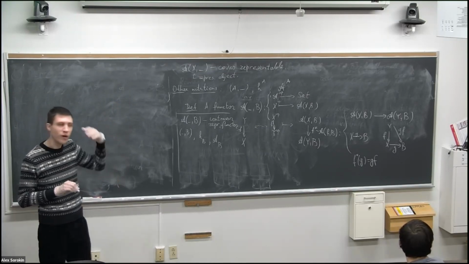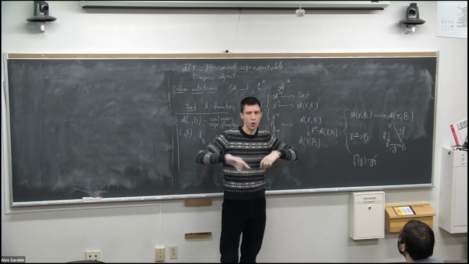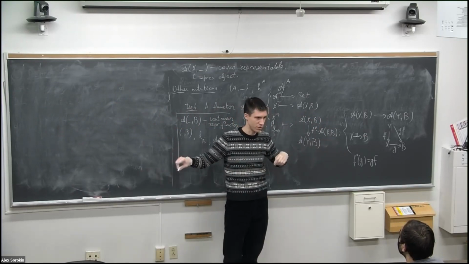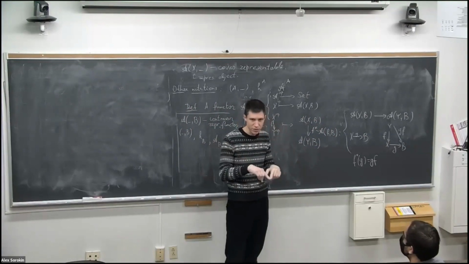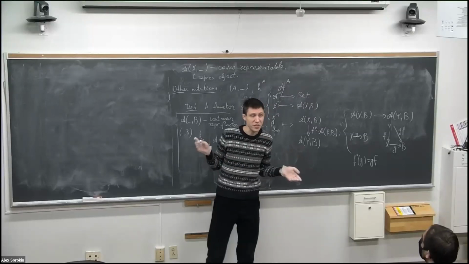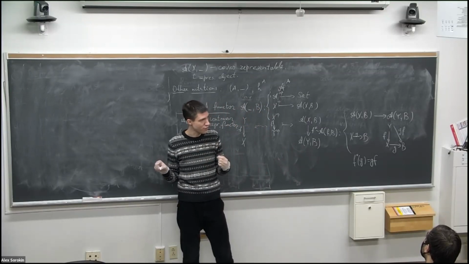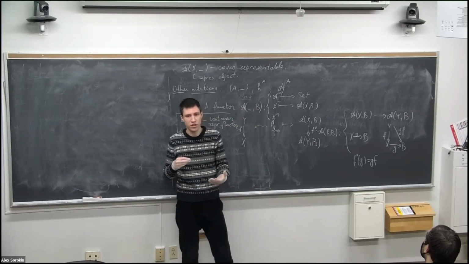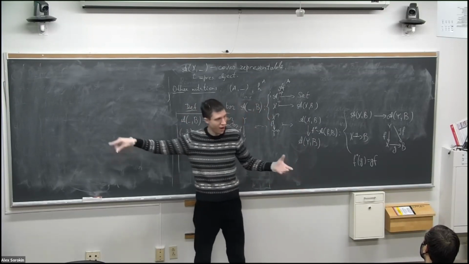If you have a category, you don't know at the beginning what functors are going from it. Of course you know the trivial category, just collapsing everything to itself with identities, that's fine. But to other categories, how to work with them, you don't really know immediately. But you always have something like a space of functionals in functional analysis on your space. So functions from your normed space to R or C, or whatever field you are taking.